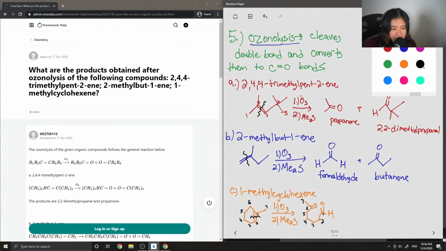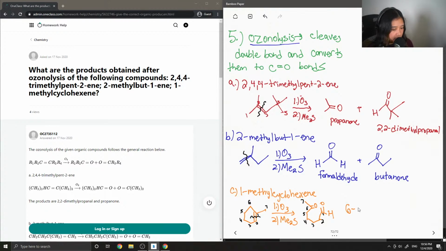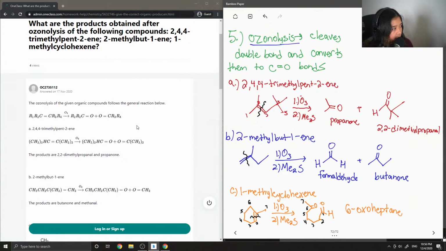So this is how this double bond broke. And the name of this is 6-oxoheptanal. Okay, so those are all the products after ozonolysis.